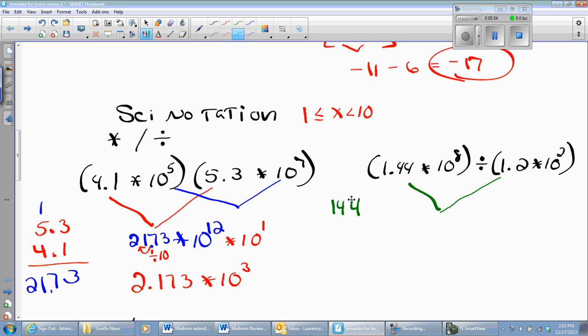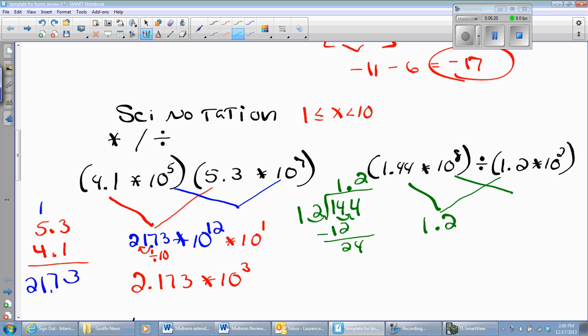If I do 1.44 divided by 1.2 and multiply this number by 10 and multiply that number by 10, my decimal point moves there. 12 will go into 14 one time, and then I'll subtract, and I'll get 24, and 12 will go into 24 two times. And so when I divide, I get 1 and 2 tenths.